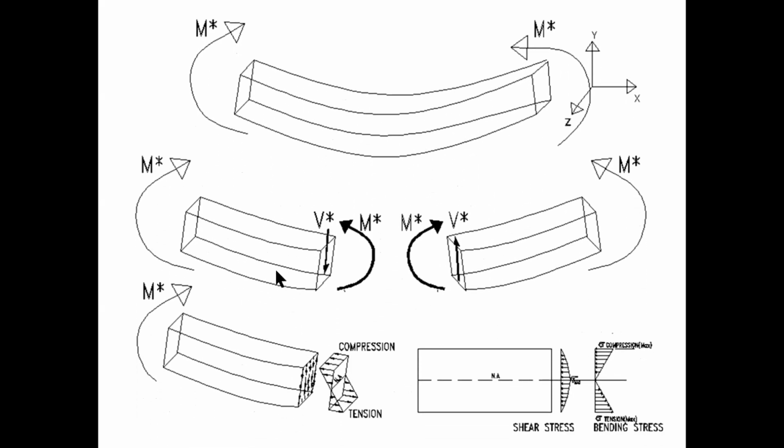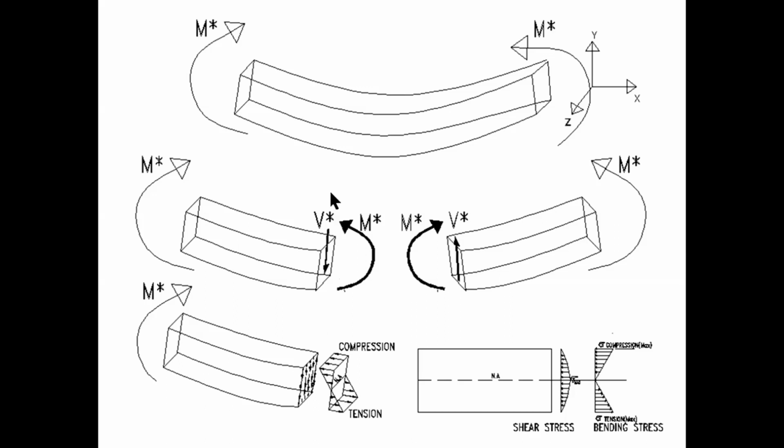Now, due to the external loads, there must be internal stresses developed in the beam to maintain force equilibrium. If we cut the beam as it is deforming, we will see internal shear and bending stresses.